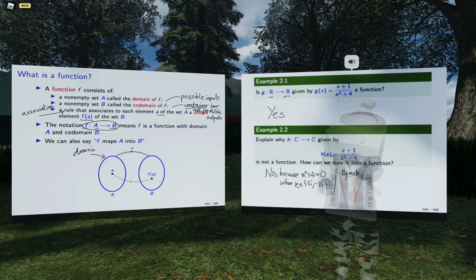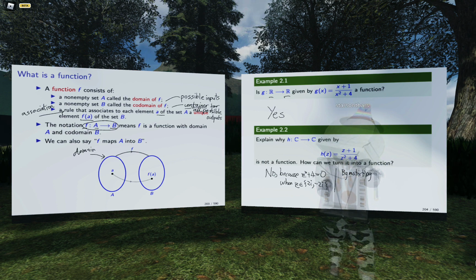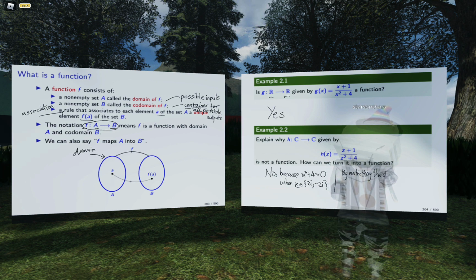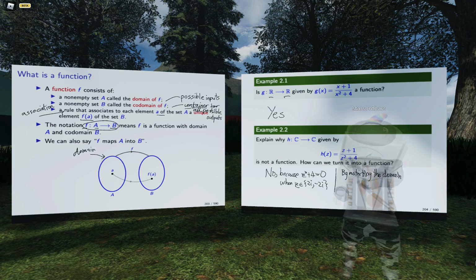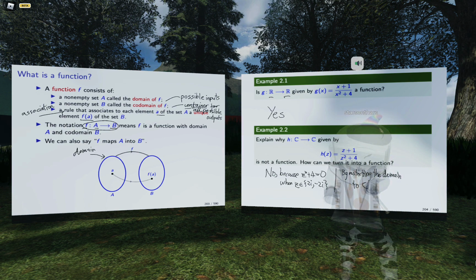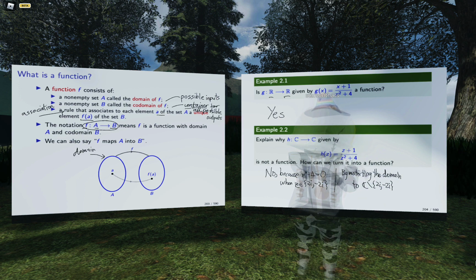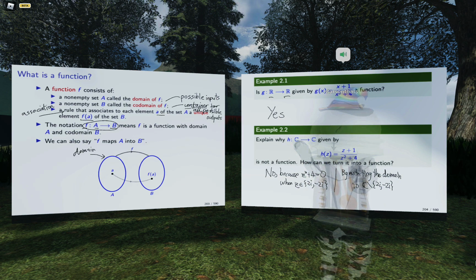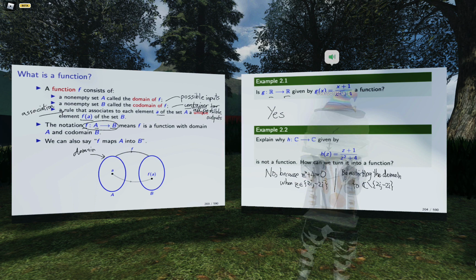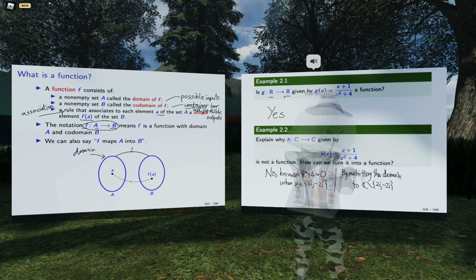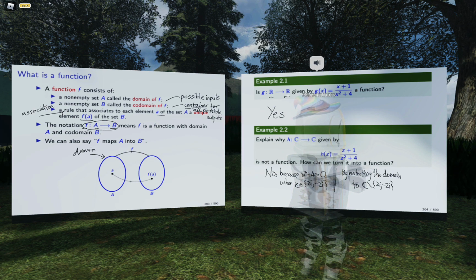So we can restrict the domain to be C, remove those two numbers. So we change the first piece of data. We change the domain to this subset. We keep the same codomain. We keep the same rule. And now that's a function.